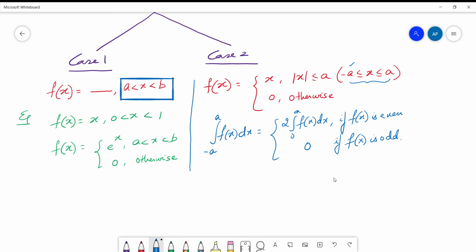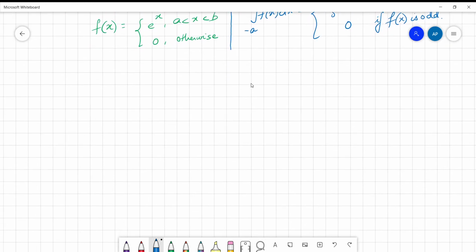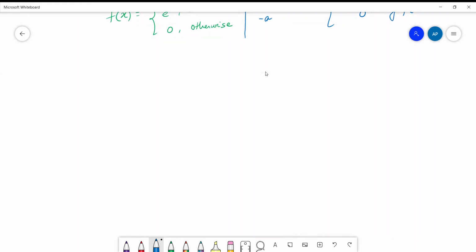But both are cases to find the Fourier transform. I am having a different approach, not the direct substitution, in case 2. So I would like to focus on case 1 in this particular video, wherein we'll do one or two problems, and then let us go to case 2 in my next video.